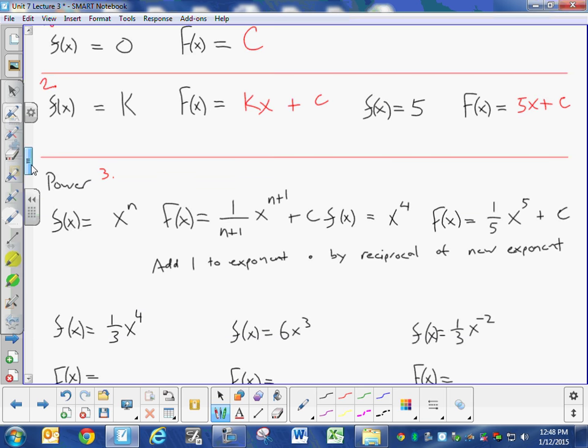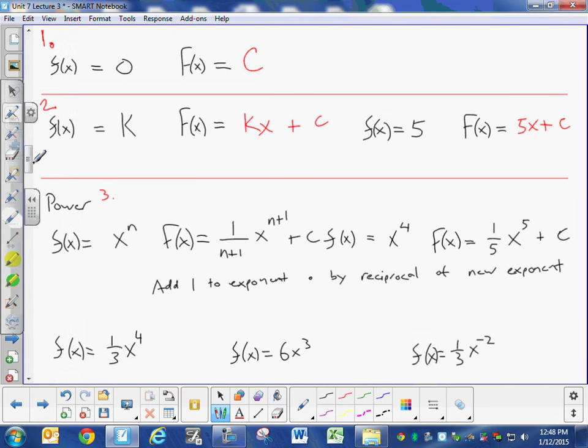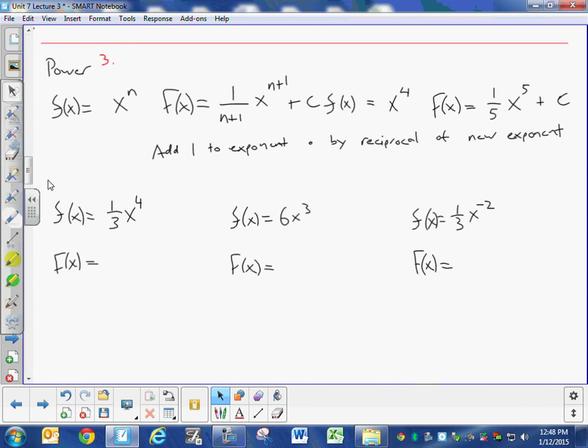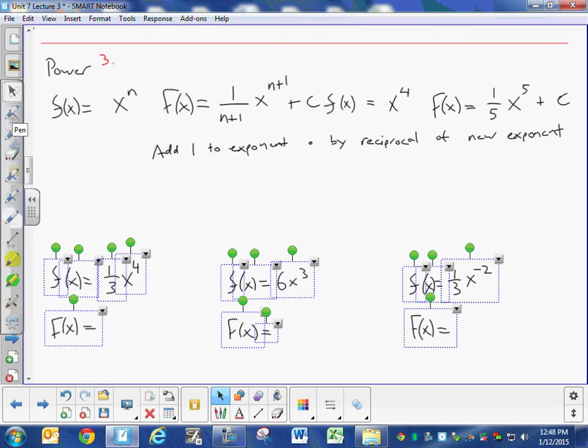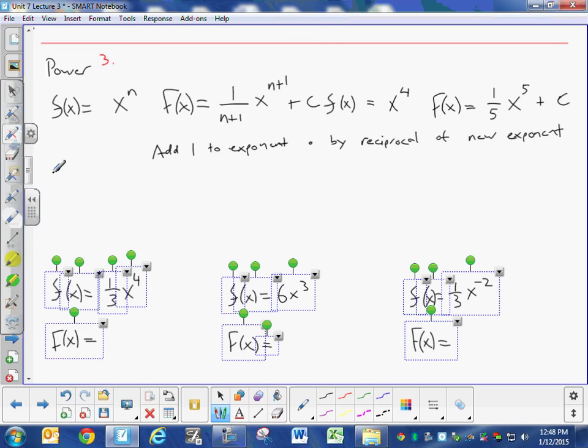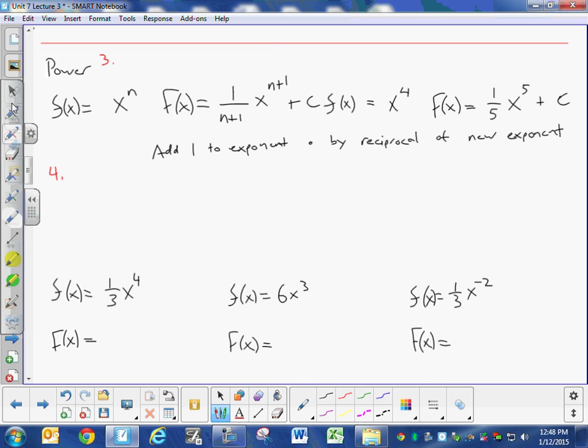Okay, now, before we do these 3, we need one more rule. Rule number 4. If my function is a constant times another function, we can just pull out the constant and multiply the constant by the antiderivative of my function.